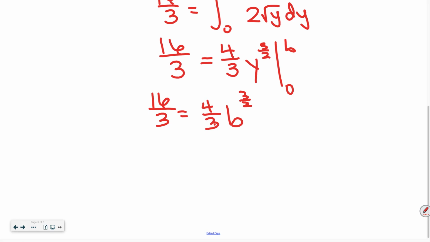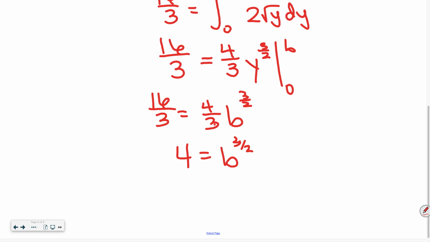When we take 16 thirds divided by 4 thirds, what do we get? So we have b to the 3 halves equals 4.